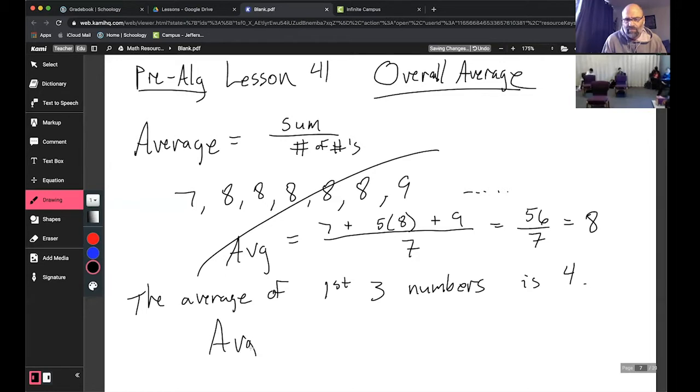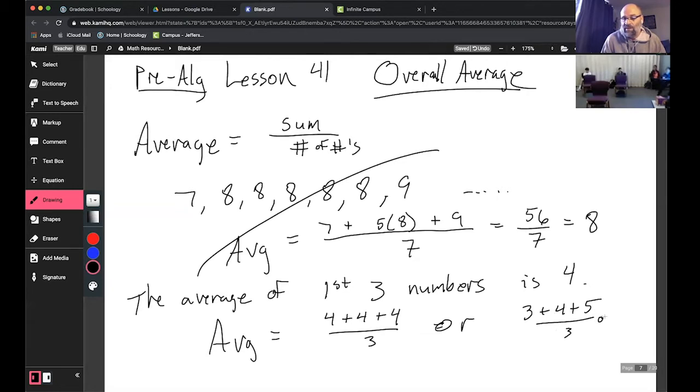We don't. We just know that the average is 4. So that means that it could have been 4 plus 4 plus 4, divided by 3. Or it could have been 3 plus 4 plus 5, because those average to 4 as well.